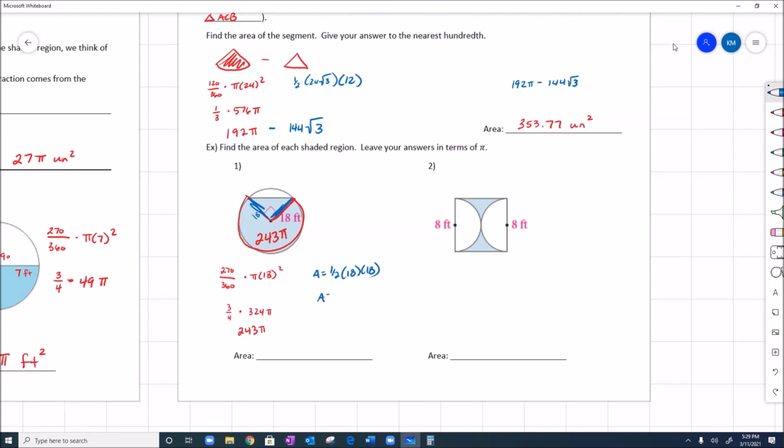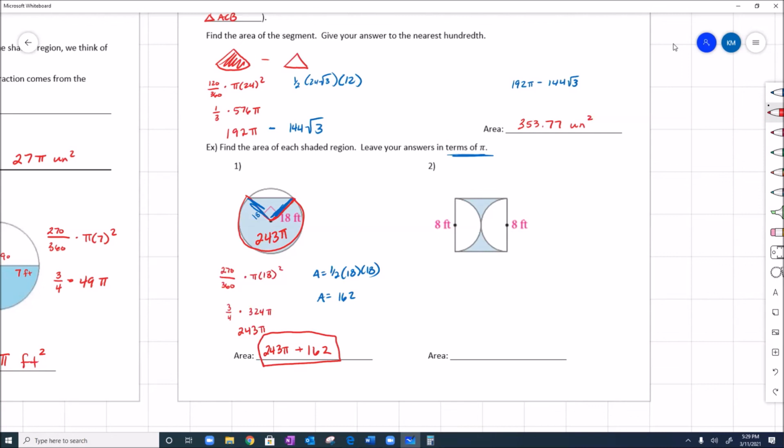So area equals 162 feet, I guess. It says leave it in terms of pi. That means give an exact answer. So we're going to say 243 pi plus 162.